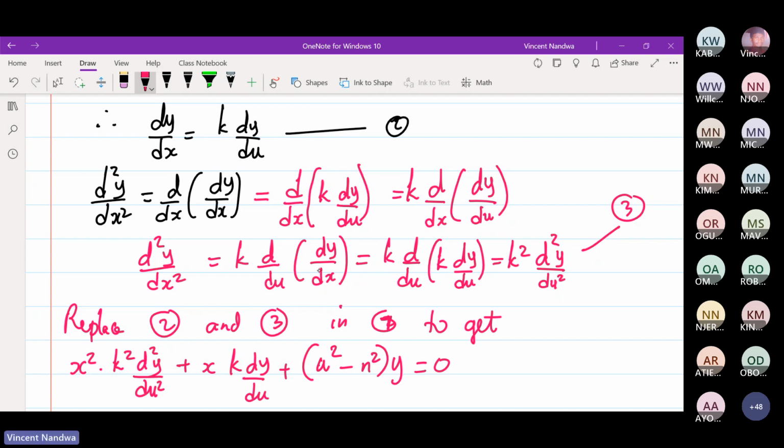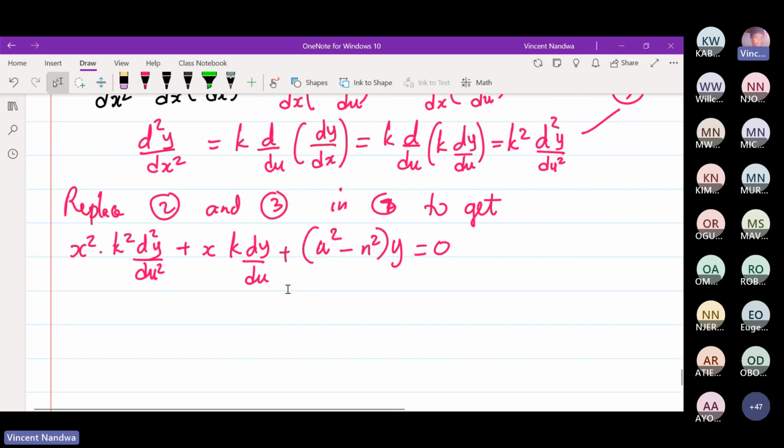But if u is kx, what is the value of x? u over k. So x squared will be u squared over k squared.